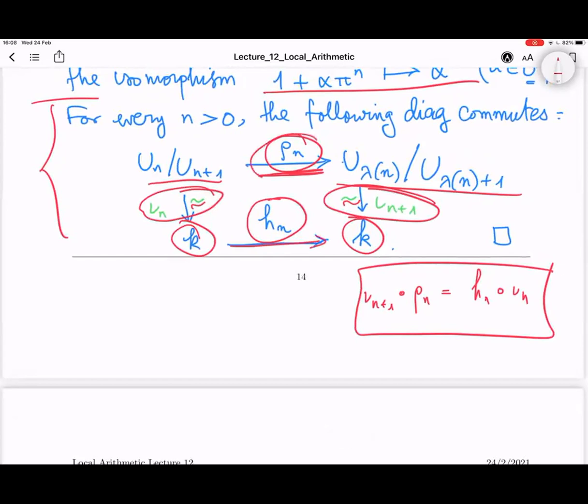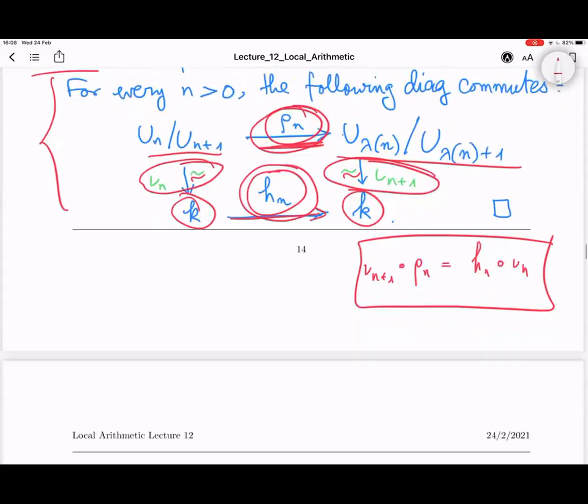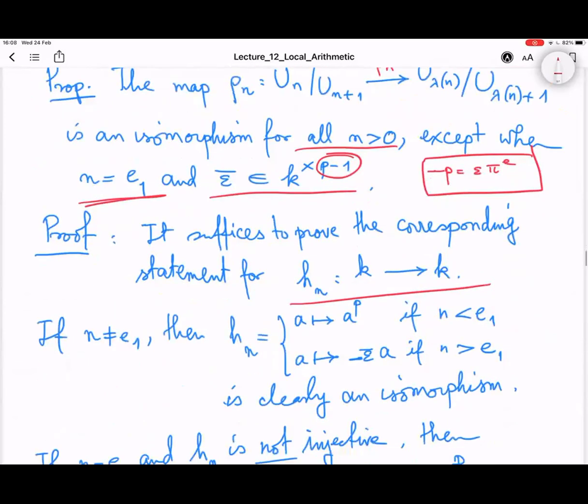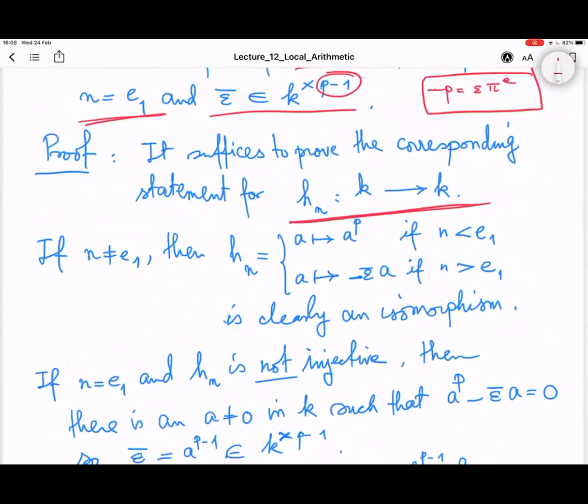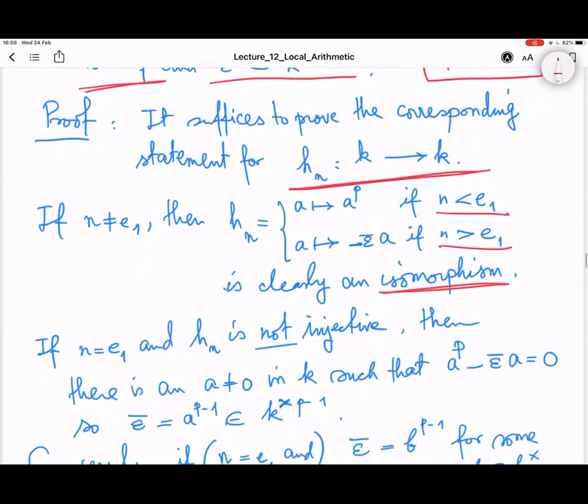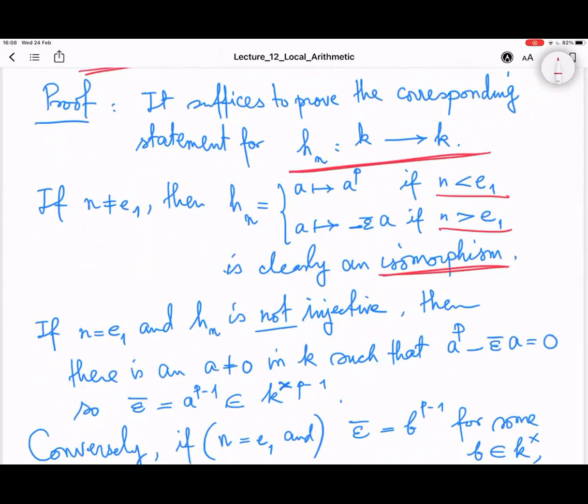So anything that you want to prove about rho n can be proved by showing the corresponding thing for Hn. So in other words, I want to prove that Hn is an isomorphism if either n is strictly less than e1 or strictly greater than e1. And then we'll come to what happens when n is equal to e1.